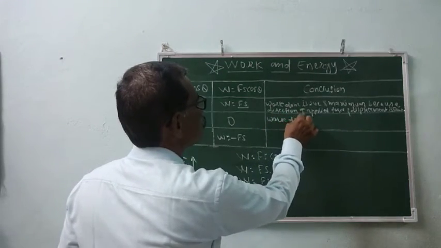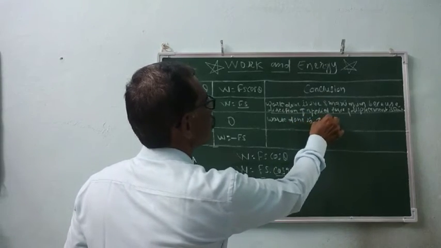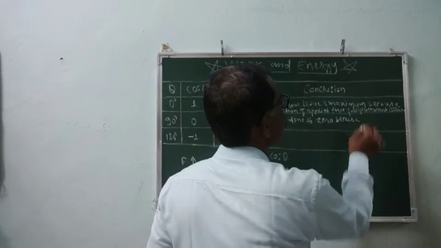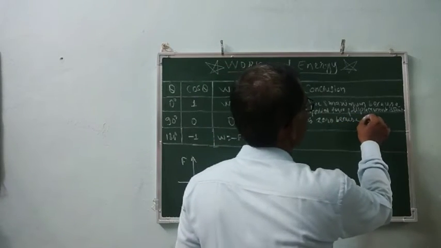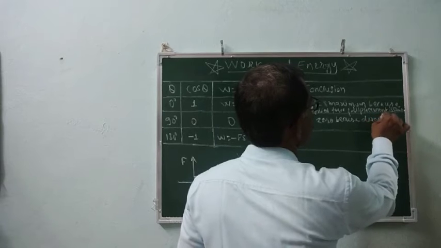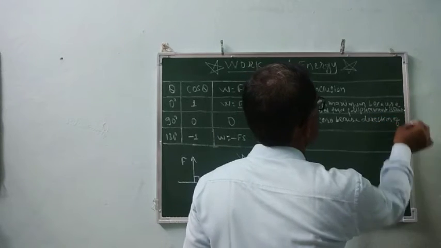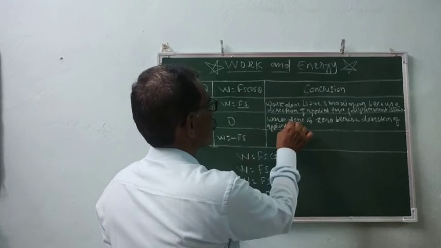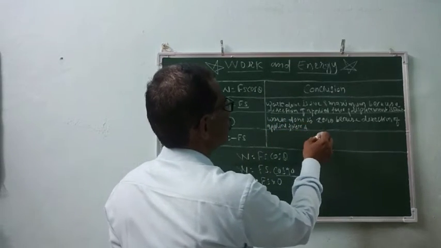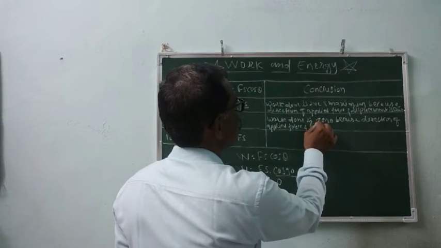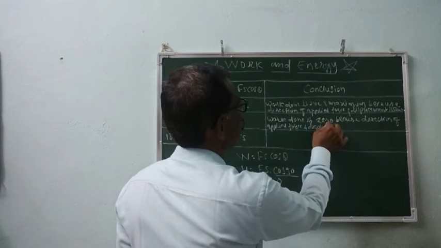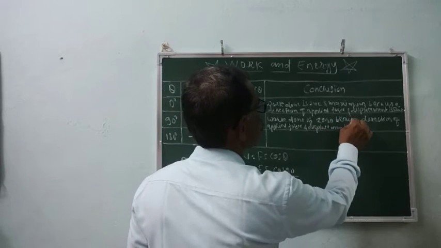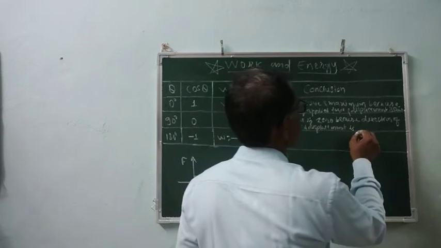Work done is 0 because the direction of the applied force and the displacement is perpendicular to each other.